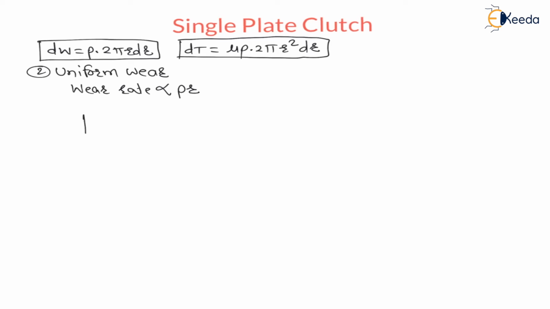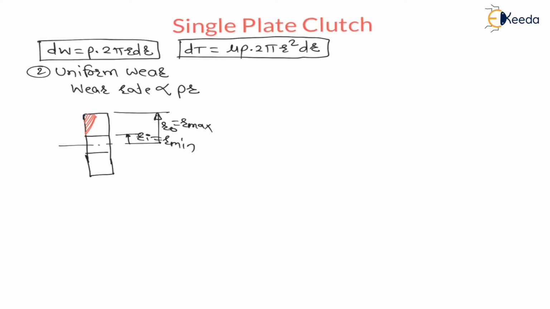Let us say this is a plate having some thickness T. For this plate there will be an inside radius Ri and an outside radius Ro. Therefore the outside radius is the maximum radius and the inside radius is the minimum radius, right? Now if pressure is acting, the outside surface will wear out first.